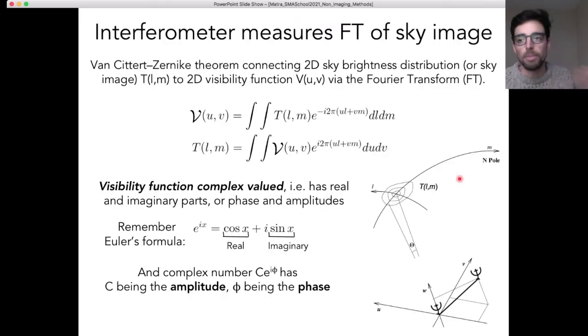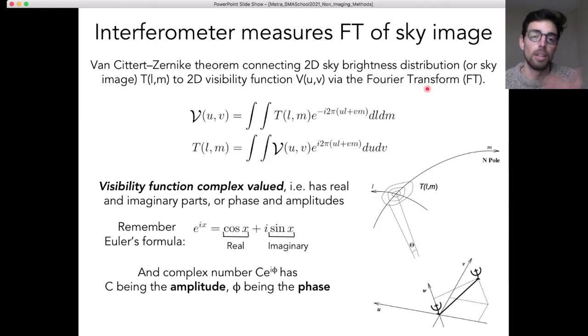So what you've seen before is that through the Van Cittert-Zernike theorem, you can connect the 2D brightness distribution, or the sky image, which we call a function T, as a function of L and M, which are the right ascension and declination coordinates in the sky. You can transform that to a 2D visibility function, big V, as a function of UV coordinates U and V, through the Fourier transform.